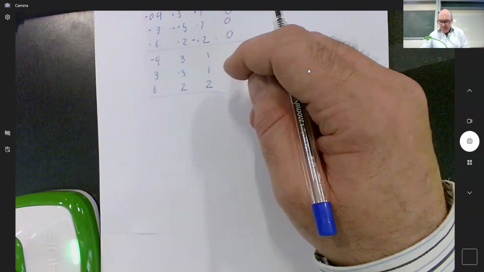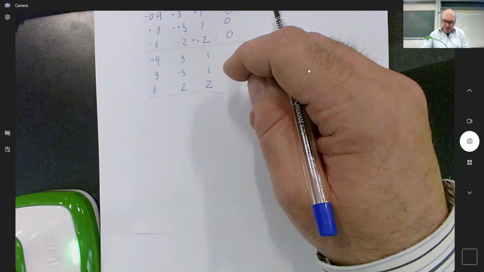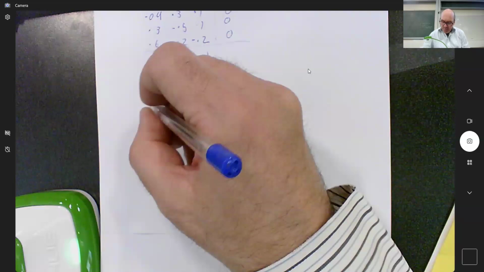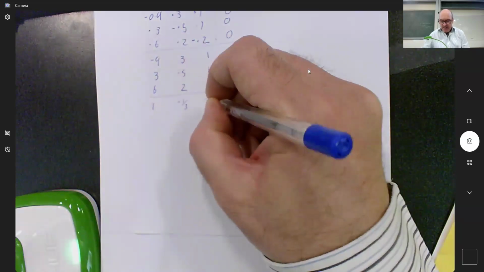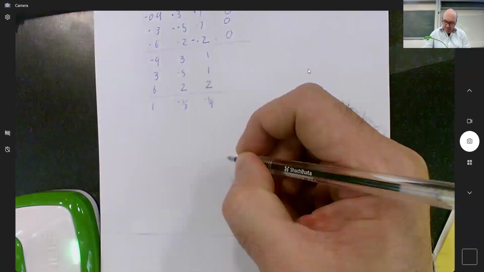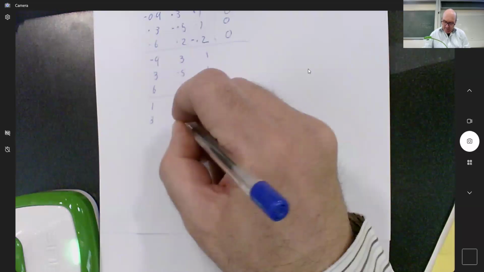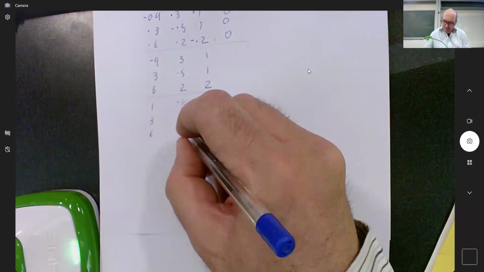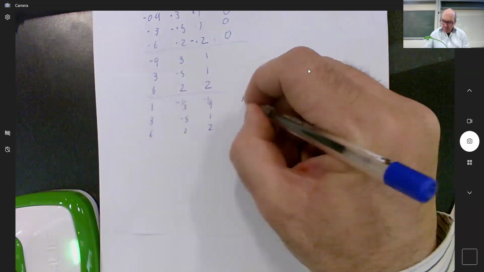Which is the best one to do? Well, let's just do the first one: row 1 is equal to minus 1 on 9 times row 1.